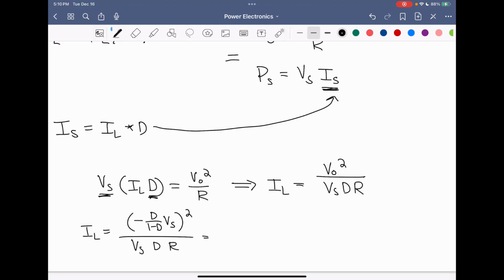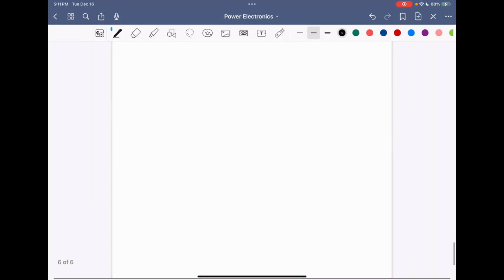The VS's will cancel, so we're left with a VS in the numerator. And then the D squared on top will cancel out with one D in the denominator, so we're going to be left with one D in the numerator. And then we will have 1 minus D squared R. So this is the expression we found for the average inductor current.